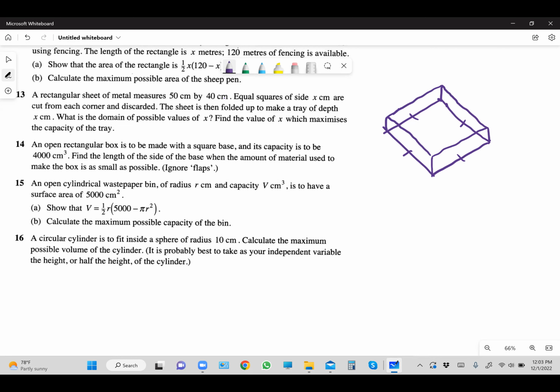It says here that the capacity is 4,000 centimeters cubed. So its capacity is what? Is it volume? Volume is 4,000 centimeters cubed. Now it says find the length of the side of the base. So find the length of the sides. I'll call them S.